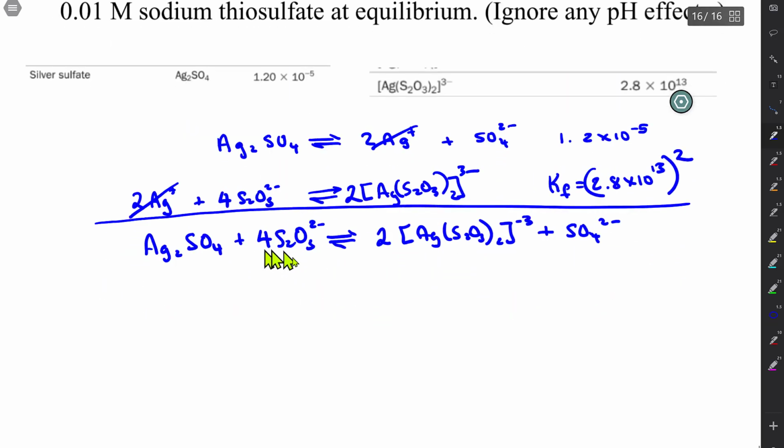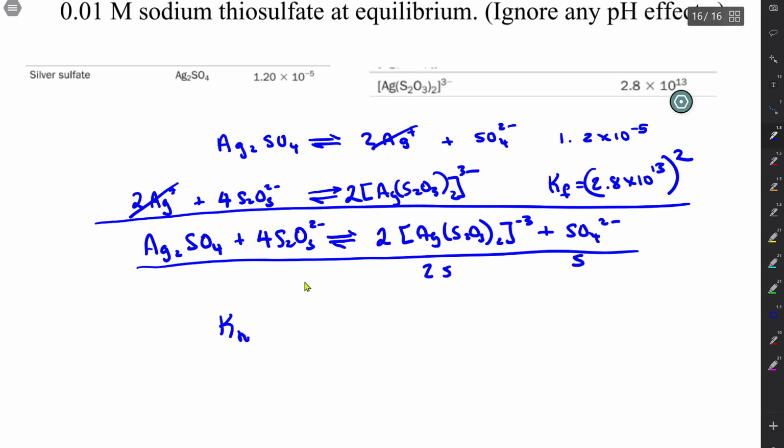So I'm not going to think about this until the equilibrium line, but normally when you do solubility products, this would be 2S, and this would be S. And this K net is going to be 2S squared times S divided by the concentration of thiosulfate to the 4th power.